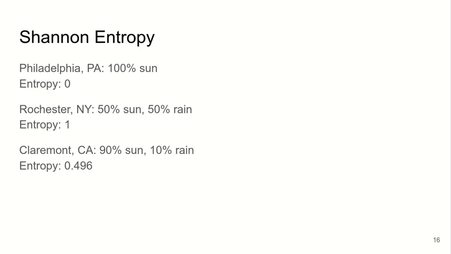So if you look out your front door, you can actually learn quite a lot, and the entropy value is 1. In a place like Claremont, where it is mostly sunny with the occasional rainy day, you could guess without opening the door that it is sunny, and most likely be right, but it isn't guaranteed, so you can still gain some information by checking. However, you don't expect to learn as much as you would in Rochester.